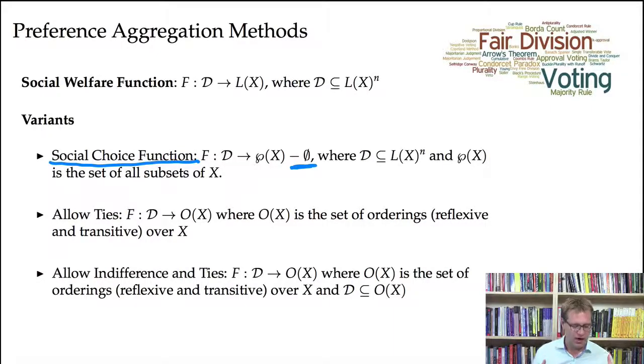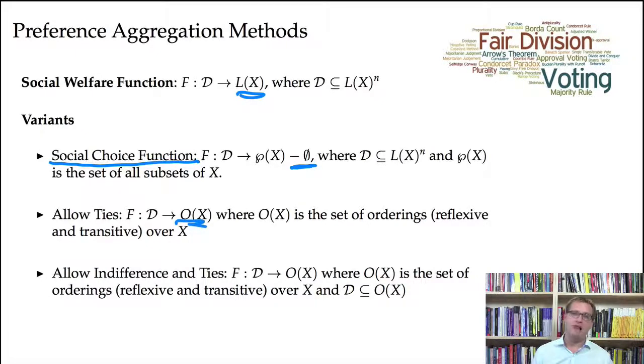every single profile. Another way we could vary this basic definition is we could allow for ties. So rather than having the range of our function be the set of linear orderings over the set of candidates, we allow it to just be the set of reflexive and transitive orderings over the set of candidates. So we allow the group decision-making method to allow for ties.